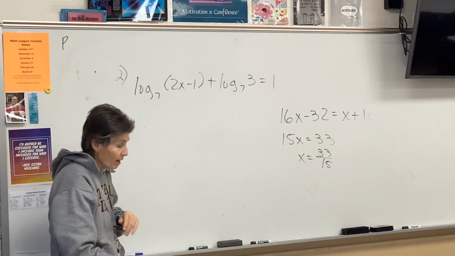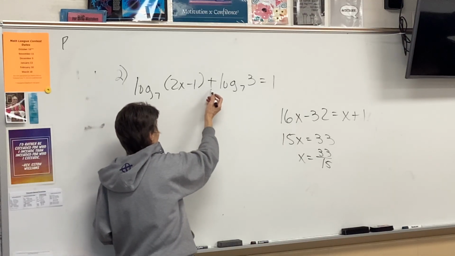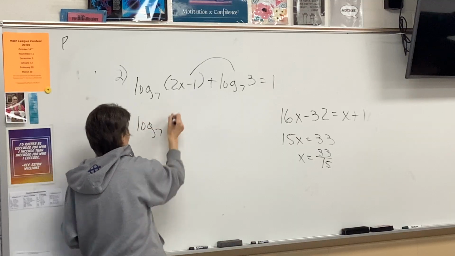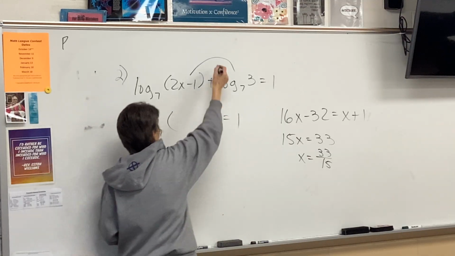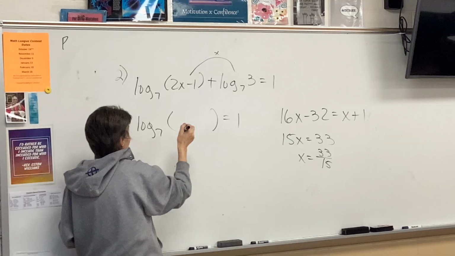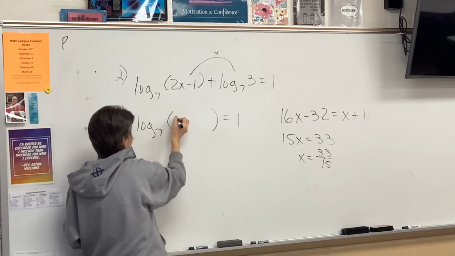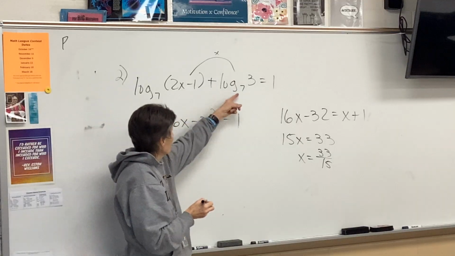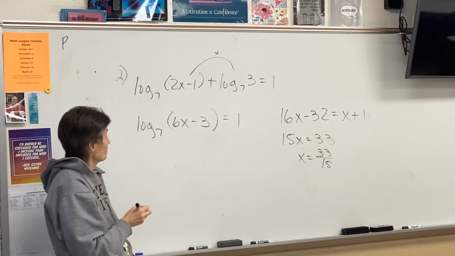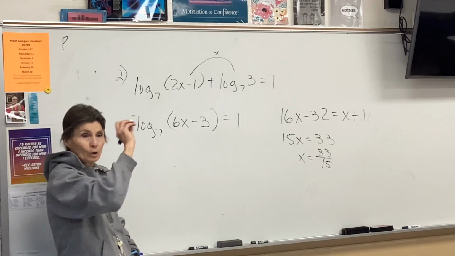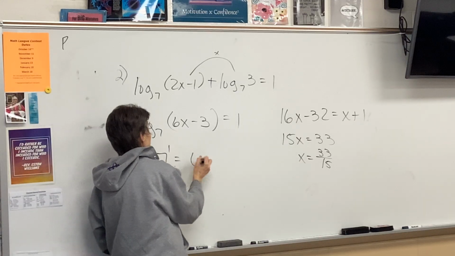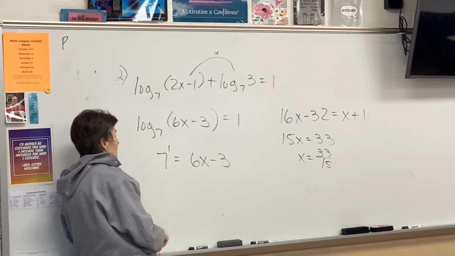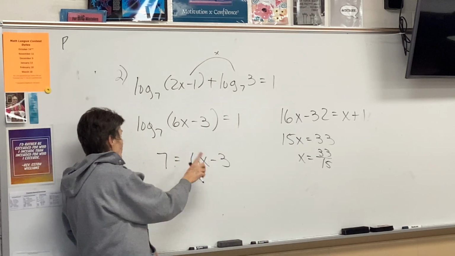Same exact kind of problem, only this time we have a plus, which means when we put them together, they're going to be multiplied. So when we put them together, we're going to get 6x minus 3. Because we've multiplied this time because that's a plus. Loop-de-loop. 7 to the first equals 6x minus 3. 7 to the first is just 7, so I'll add 3.